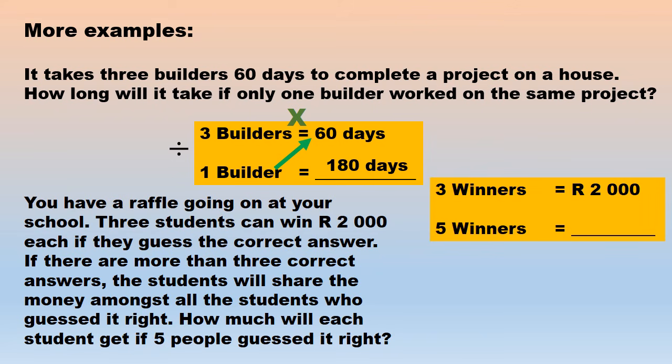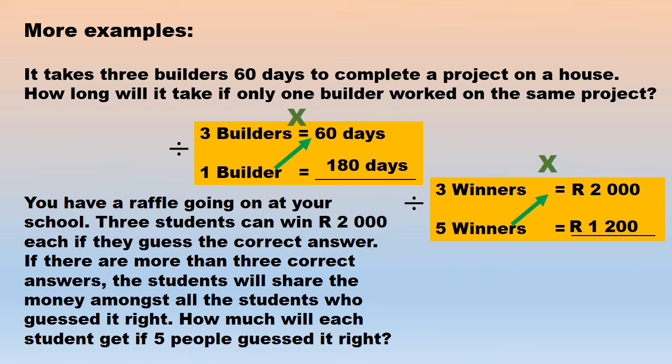Write up what you have and what you want: 3 winners is equal to 2,000 Rand. But we have 5 winners, so you start in the opposite direction and times first. 2,000 times 3 divided by 5 gives you 1,200 Rand each if 5 people guess the answer right.